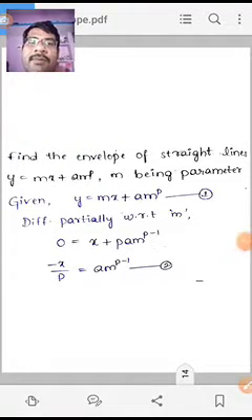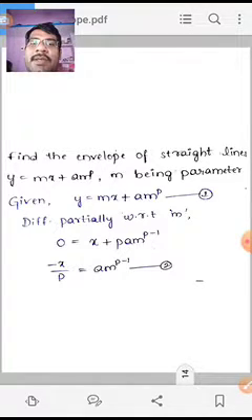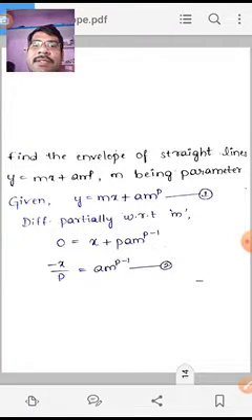Find the envelope of the straight lines y is equal to mx plus a m to the power of p. Here m being a parameter, given equation is y is equal to mx plus a m to the power of p. Differentiate partially with respect to m, that is 0 is equal to derivative of m is 1 times x plus a times m to the power of p is p into m power p minus 1.